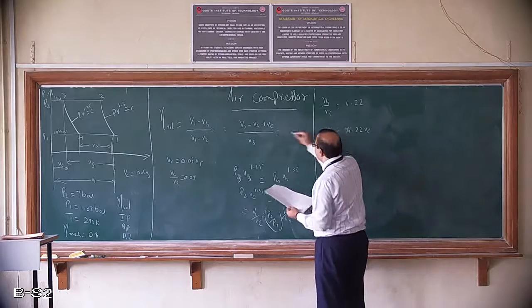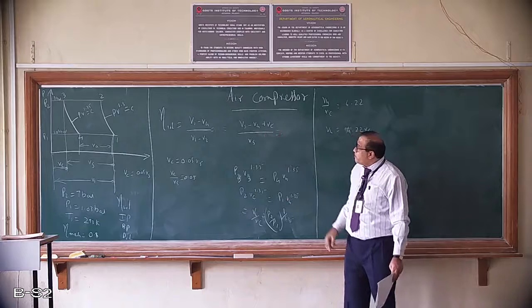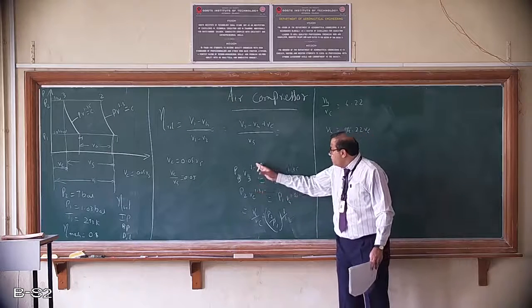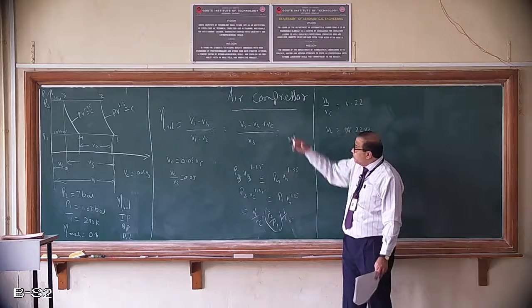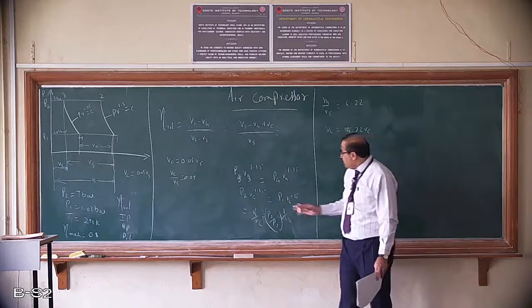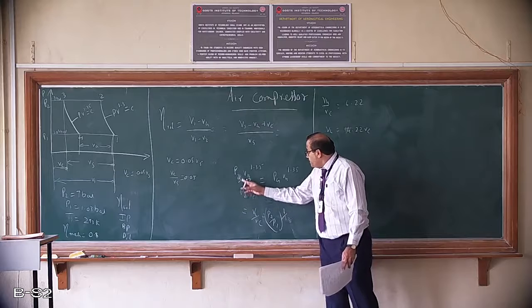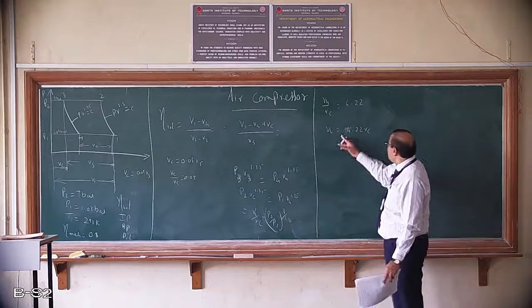How did I get this? We know polytropic process of expansion is P3 V3 to the power of 1.35 is equal to P4 V4 to the power of 1.35. So both are expansion process from 3 to 4. So P3 is P2 and P4 is P1. So I have substituted and calculated for V4.